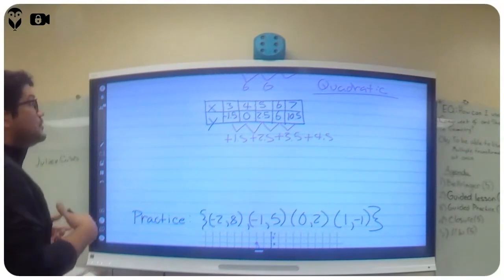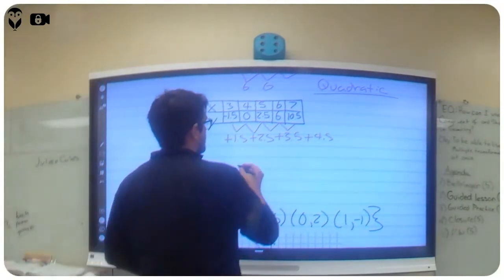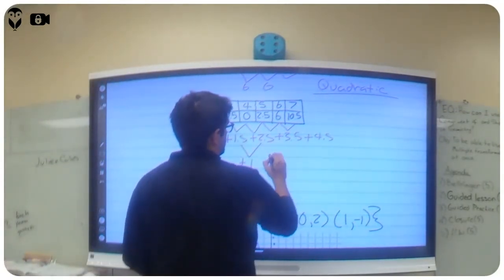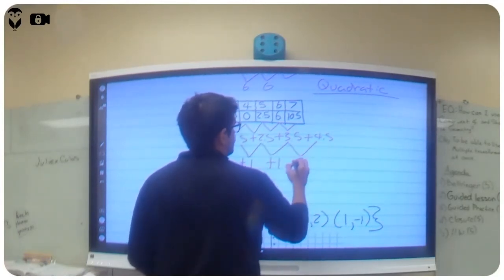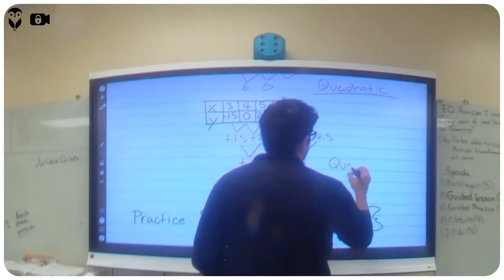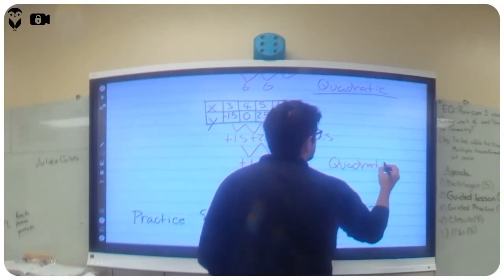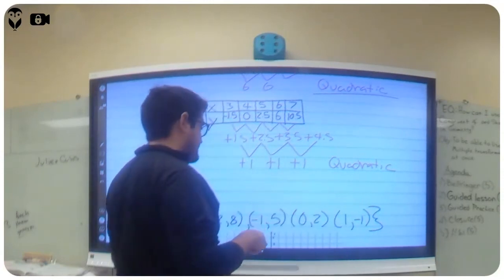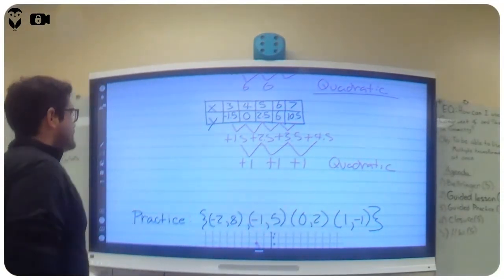So is it linear? No. Let's check here. This is adding 1. This is adding 1. This is adding 1. That means that this one is quadratic. Did I mean to make them both quadratic? I did not. My bad.